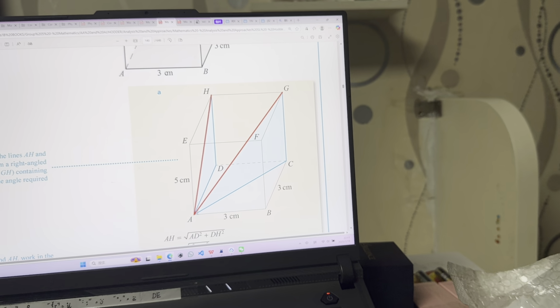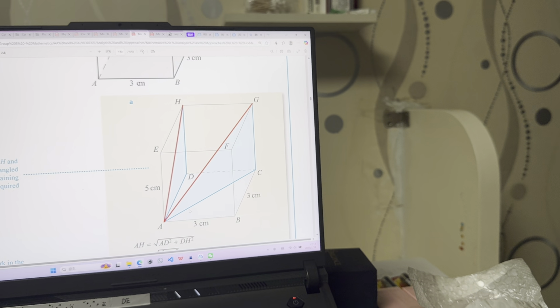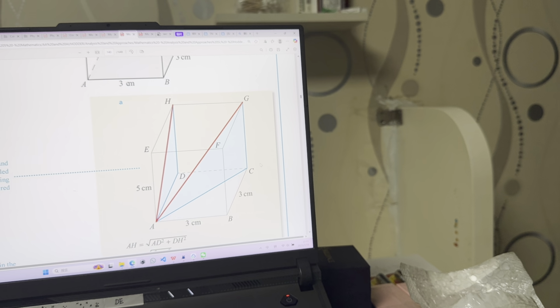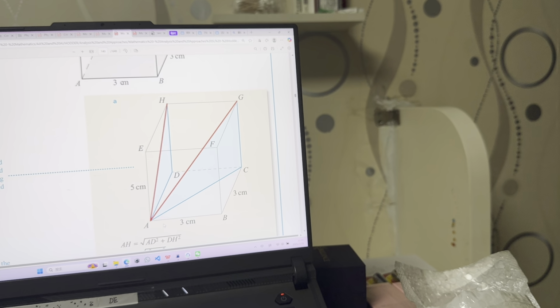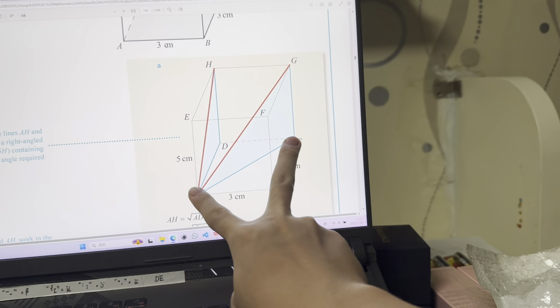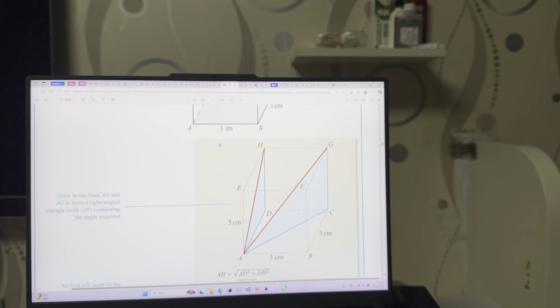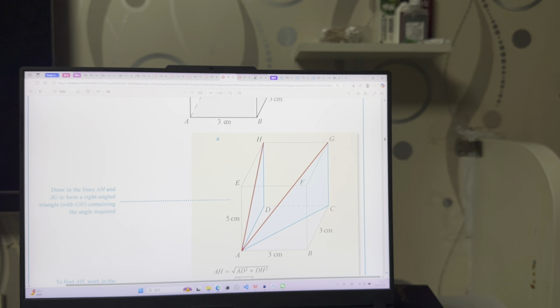Look. ABC is a right triangle, right? So we know that AC is equal to the square root of AB square plus BC square. And ACG is also a right triangle, so we know that AG square is equal to AC square plus CG square.